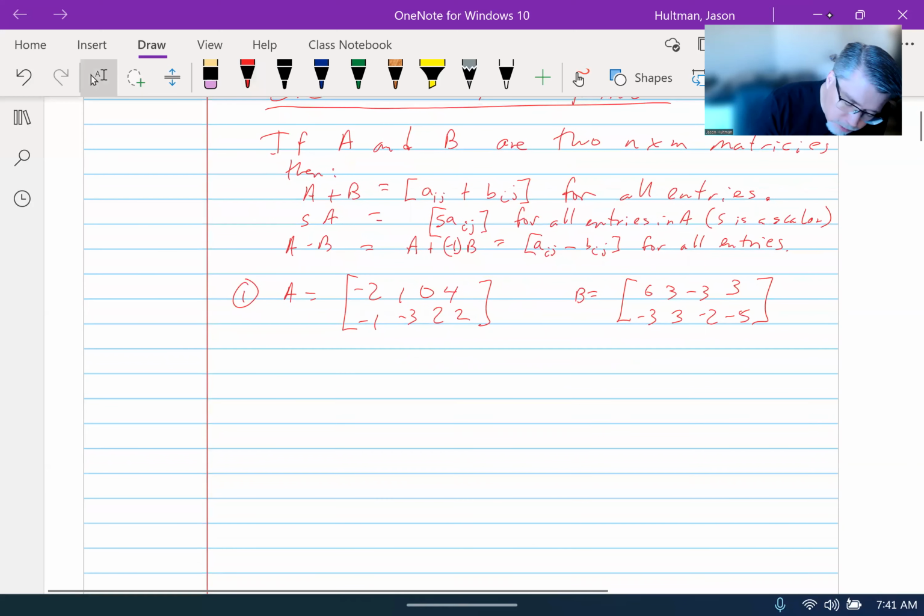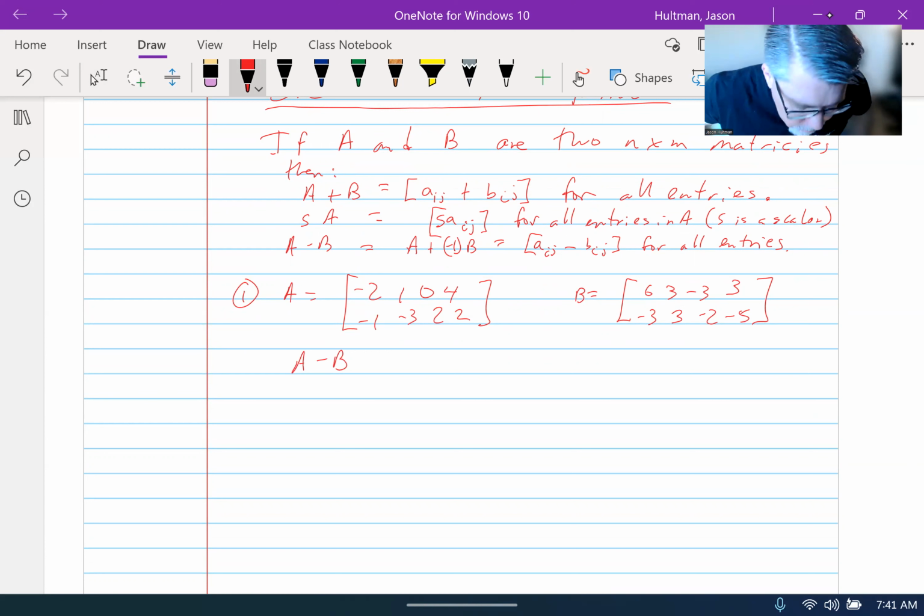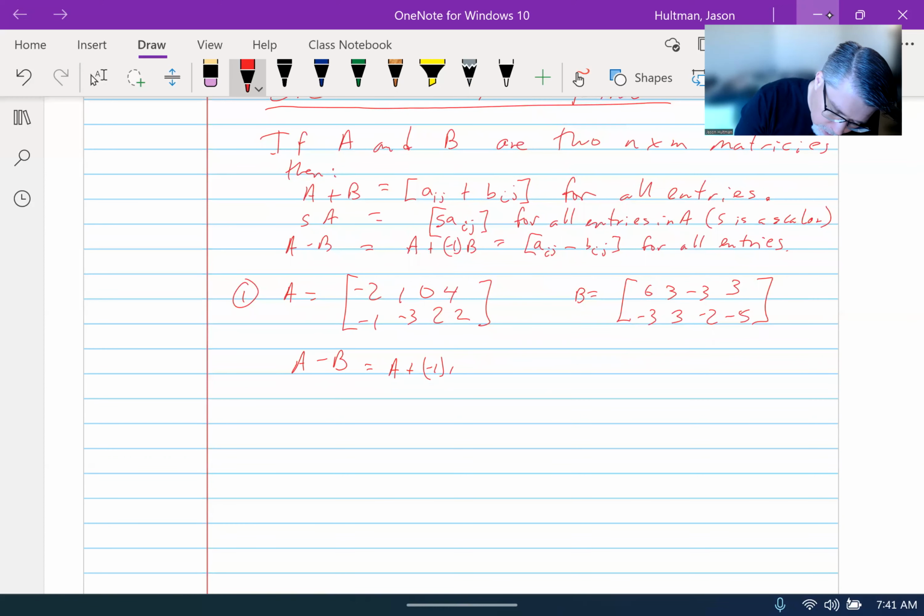Okay, and I want to subtract these two. So A minus B. I'm just going to subtract term by term. Basically, I'm going to be adding the opposite of B. It would be A plus -1B.